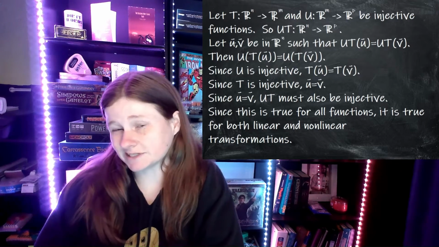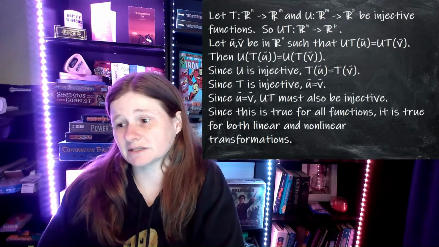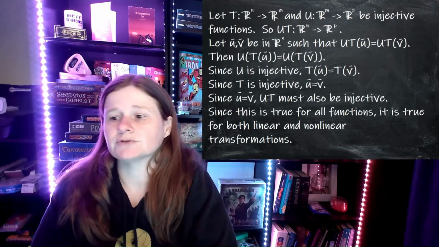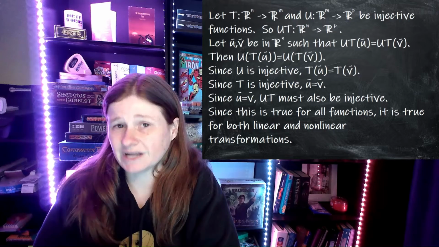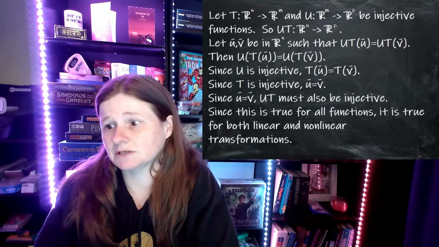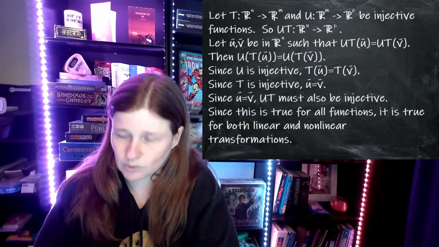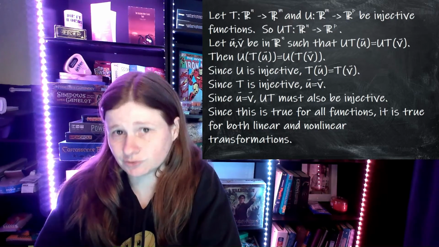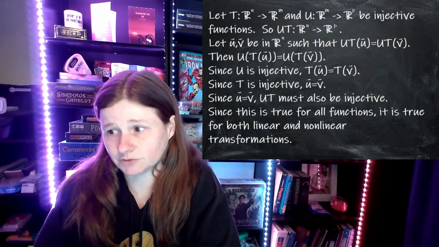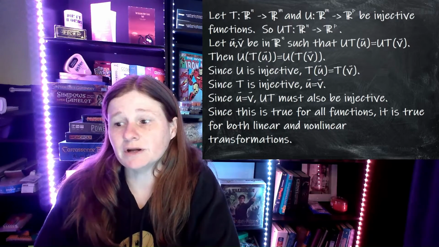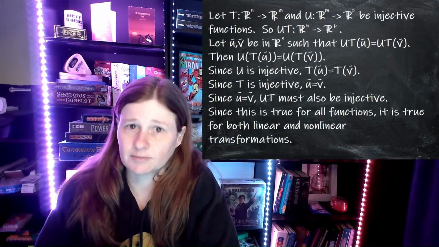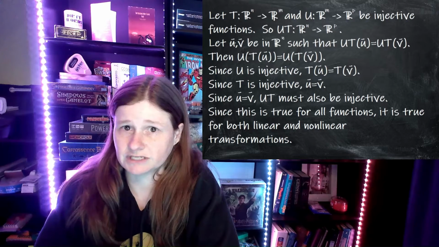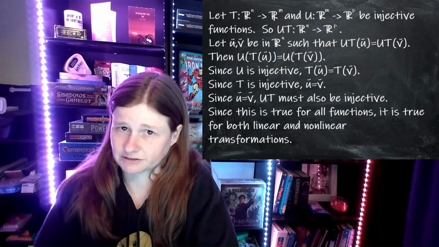And we're also given that T is injective, so we know that anything inside of T must be equal. So we now know that u must be equal to v. Well, since u is equal to v, and what we started with is U of T of u is equal to U of T of v, then we know now that the composition of U of T must also be injective.